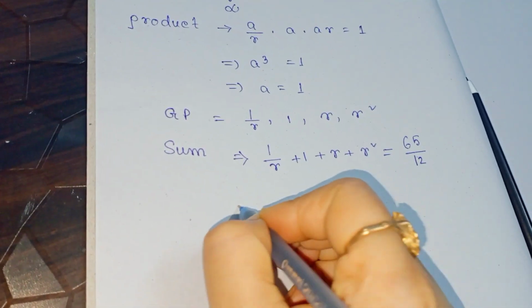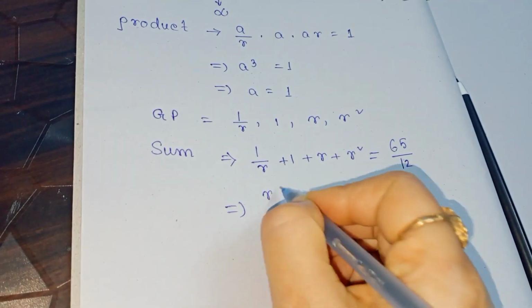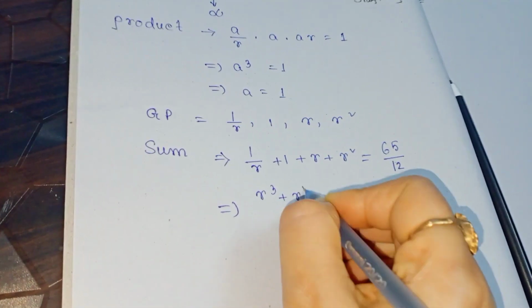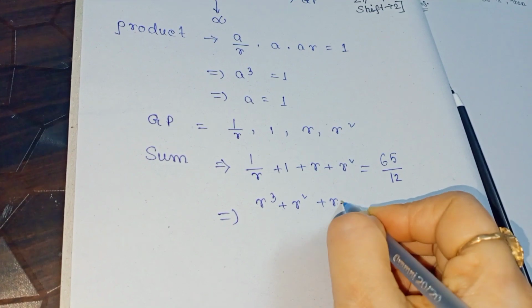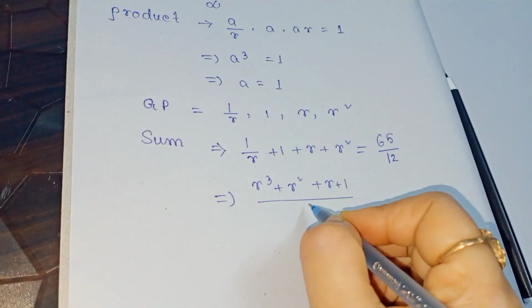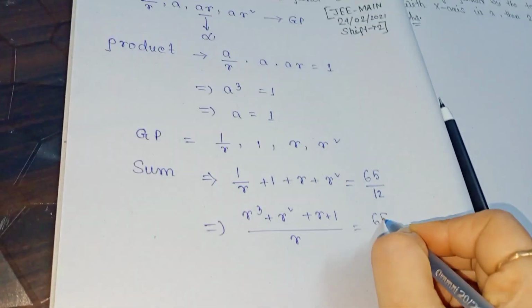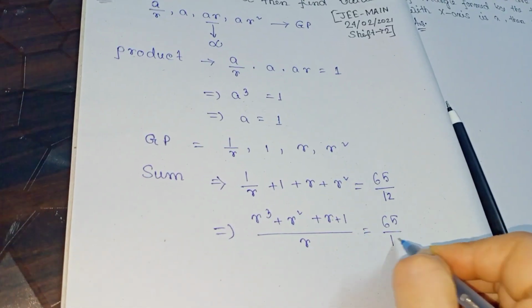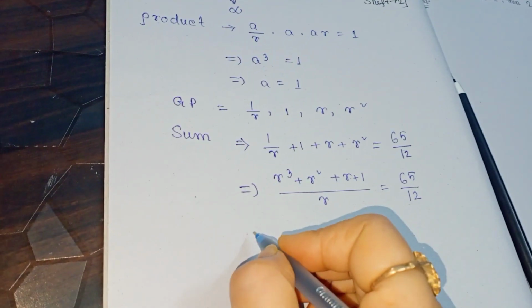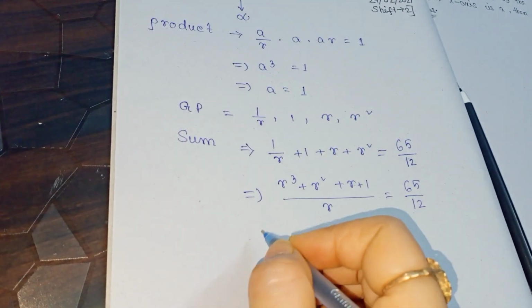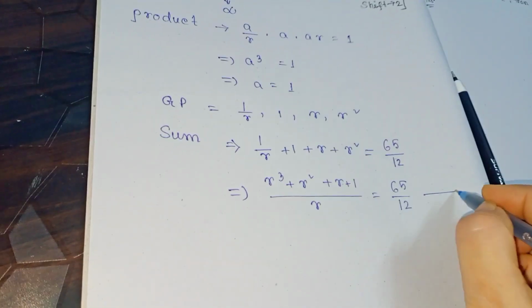Now that implies R cube plus R square plus R plus 1, divided by R, taking R as common, is equal to 65 by 12. Now this is equation 1.